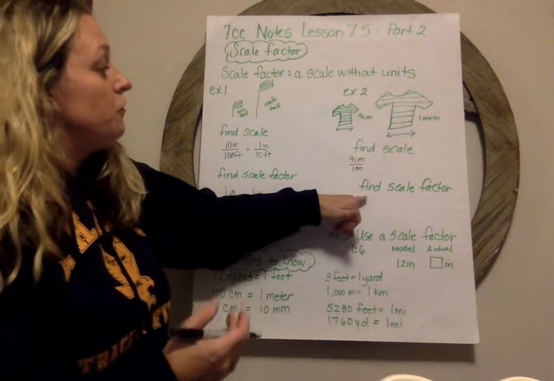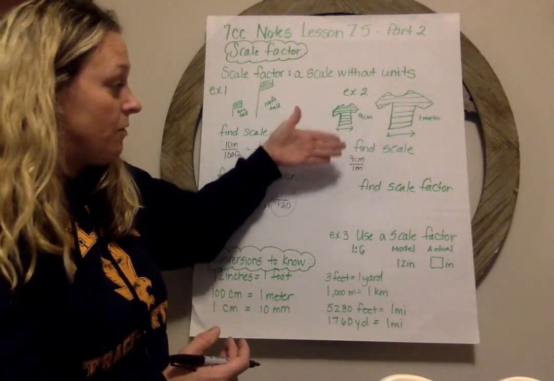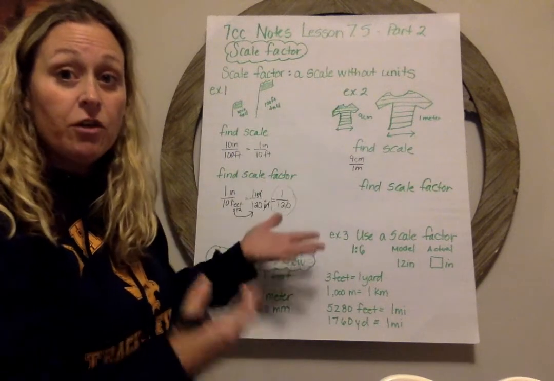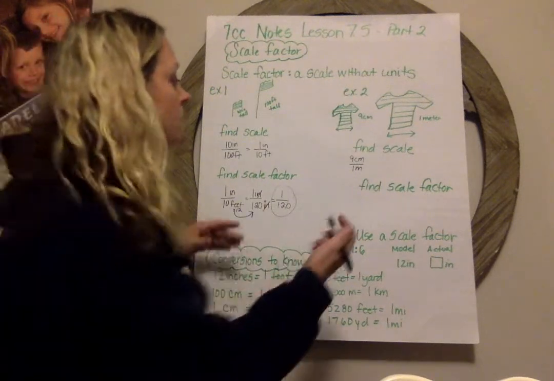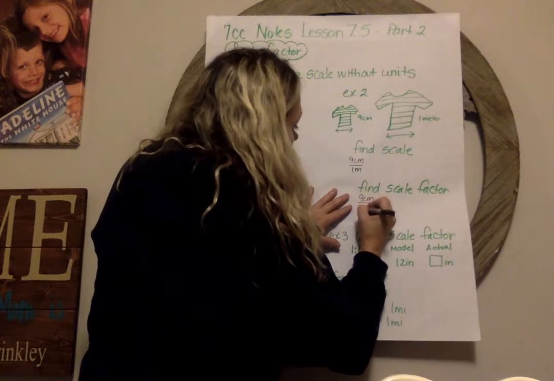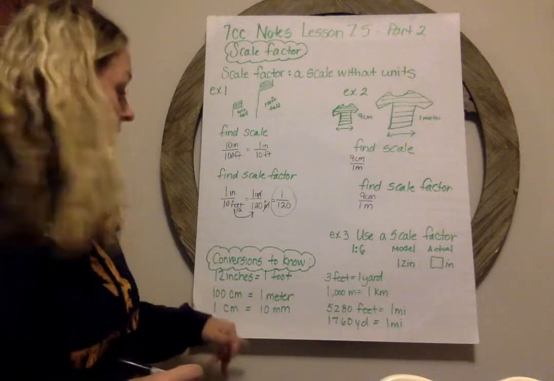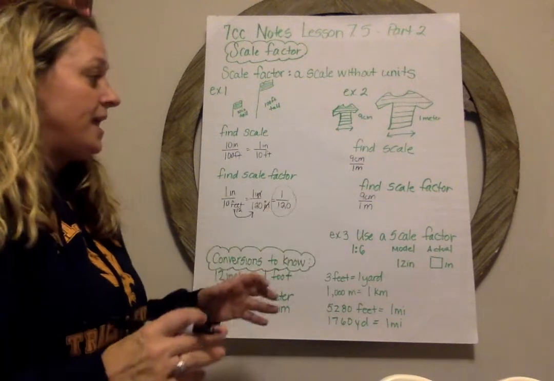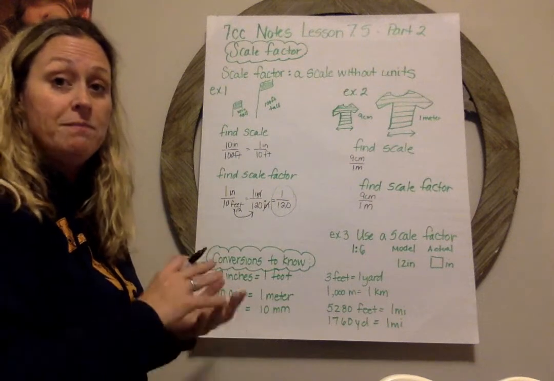So what I need to do for the scale factor is convert the top of the ratio or the bottom of the ratio to the other unit so that those units can be simplified away. So I have 9 centimeters and 1 meter. Going down to the conversions, I know that I need 100 centimeters in order to equal 1 meter.